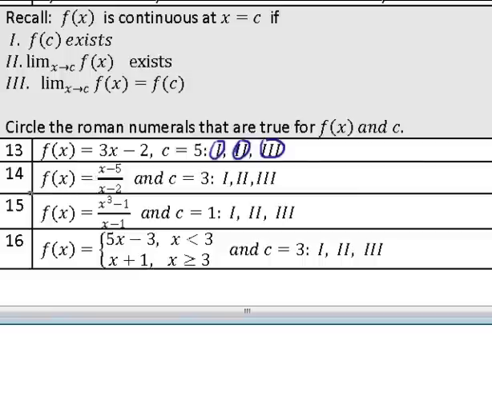Okay, here, same, we're asked to do the same thing for c equals 3 for this function. Yes, c equals 3 is in the domain. The only x value not in the domain is x equal 2. So 3 is in the domain. The limit as x goes to 3 is obtained by just substituting in 3 here and here. Since 3 is not a zero of the denominator, all we do is substitute in.